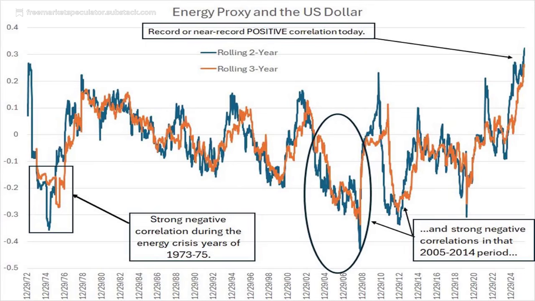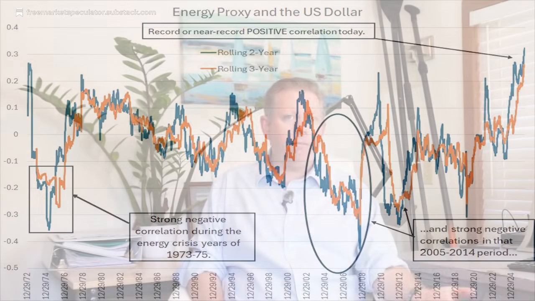So at this point, you might be wondering why a weak dollar and rising oil prices went hand in hand in the commodity supercycles of the 70s and early 2000s, while today, amid a significant bull market in oil and energy stocks going back to 2020, this entire relationship has been flipped on its head.